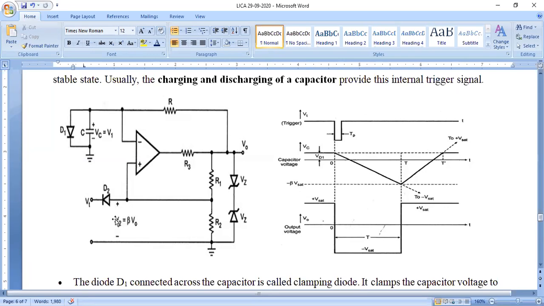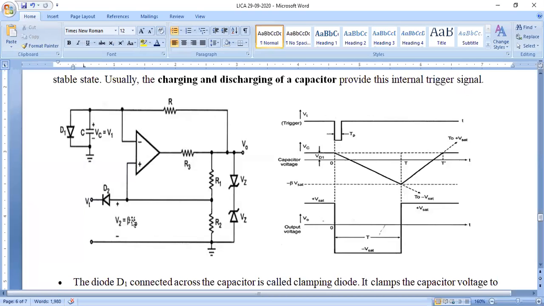The output V2 is equal to beta into V0. We know the value of beta is the ratio of the potential divider resistances, that is R2 divided by R1 plus R2. Previously we had R2 with respect to R1, but here we have R1 with respect to R2. That's why the beta value will be R2 divided by R1 plus R2.